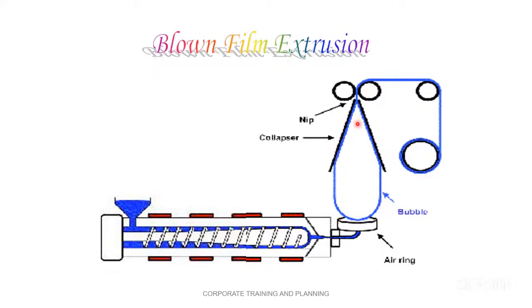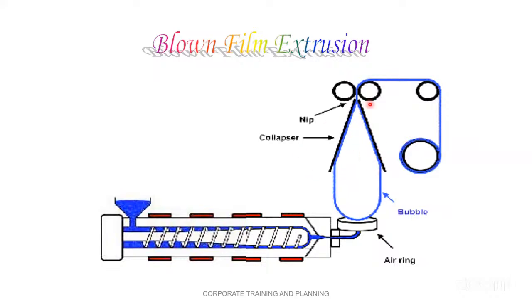These are wooden collapsible frames on both sides. These are nip rollers. One is a rubber roller, there is a stainless steel roll, and a guiding roll. Then a roller for the winding purpose. This is a very simple diagram. You can easily draw this diagram.